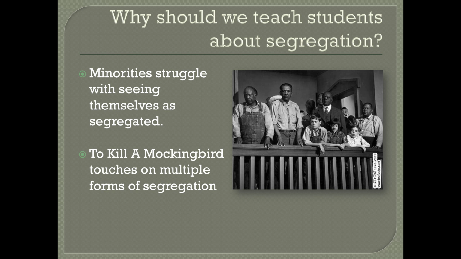They don't really understand that it's a battle that they're going to have to face throughout their life, whether that is through race or even through socioeconomics. And again, To Kill a Mockingbird touches on many different forms of segregation, both race and gender segregation, and to not touch on segregation in this book would be foolish.